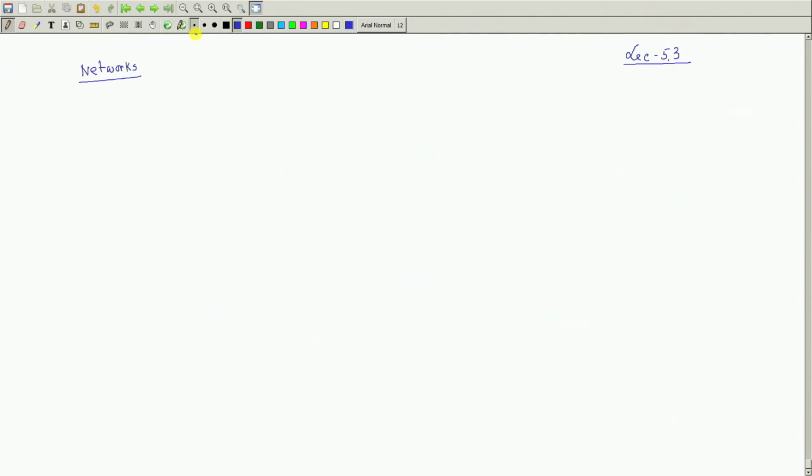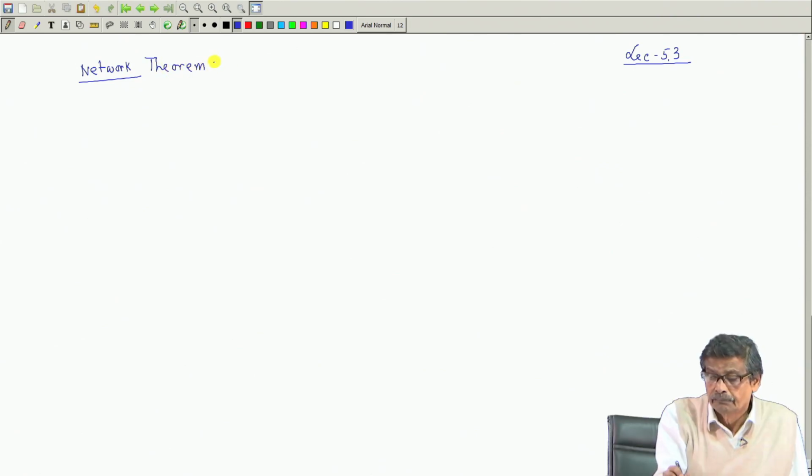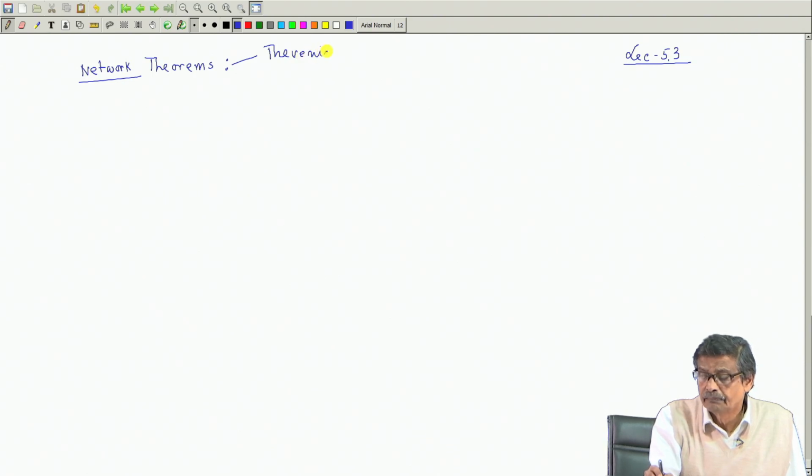Now, under network theorems, we will take up the most important theorems. Two theorems are very important. One is Thevenin's theorem, and the other is Norton's theorem.